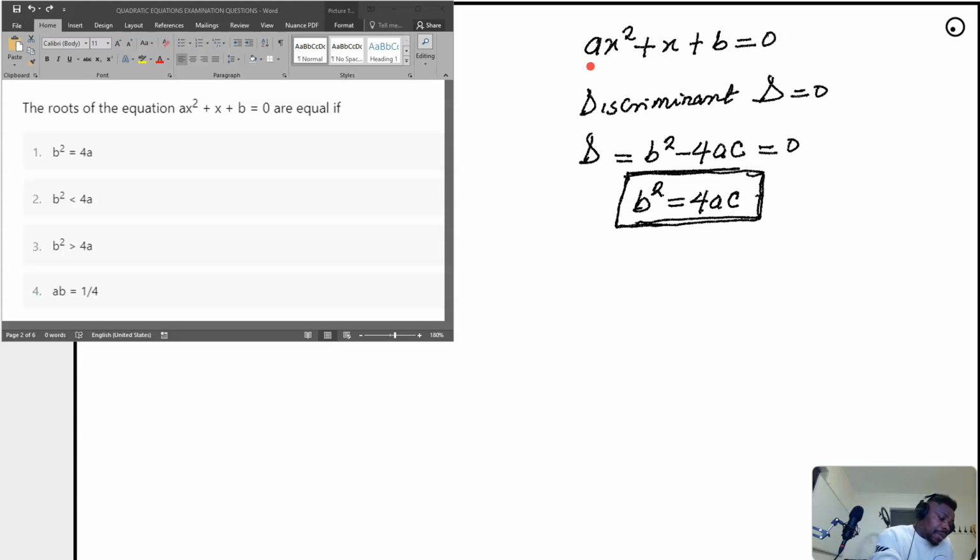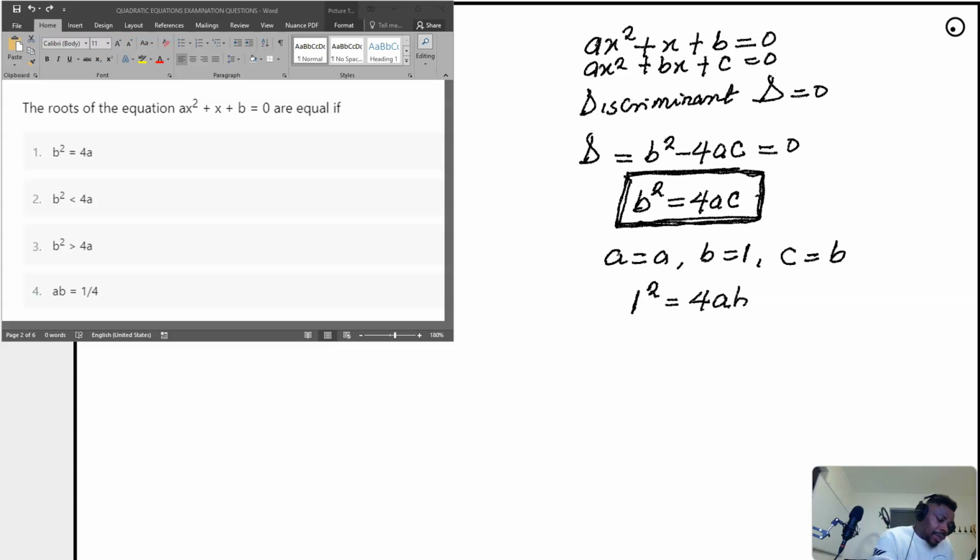So here, let's compare this one with ax squared plus bx plus c is equal to 0. So my a is still my a, as you can see from here. My b is 1, you can see 1, and my c is my b. So let's use this formula here and put our values. b is 1, so 1 squared is equal to 4, a is a, and c is b.